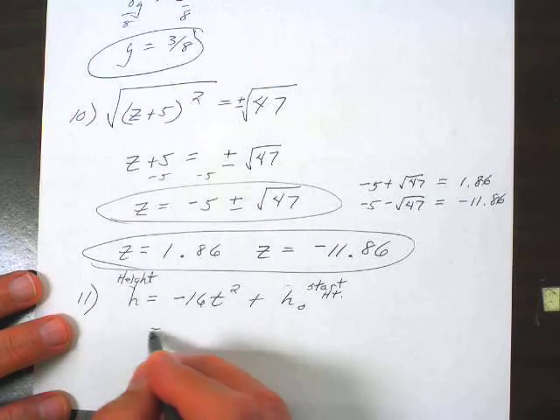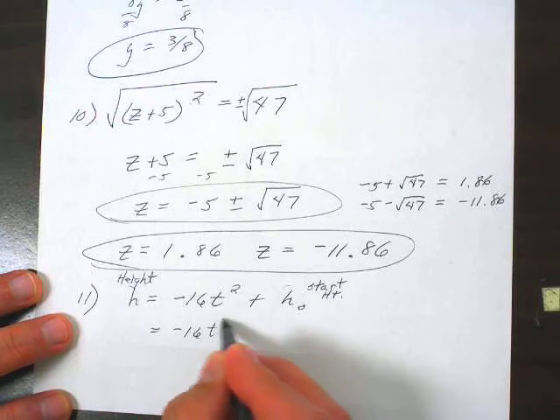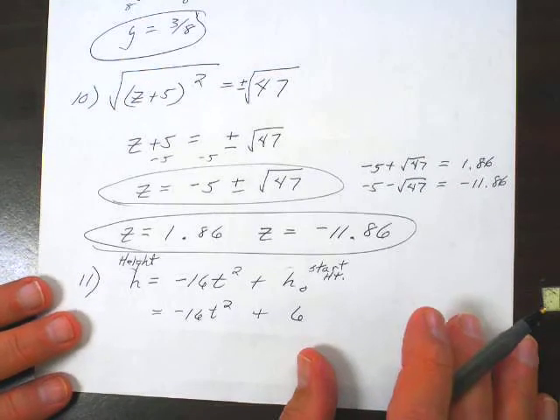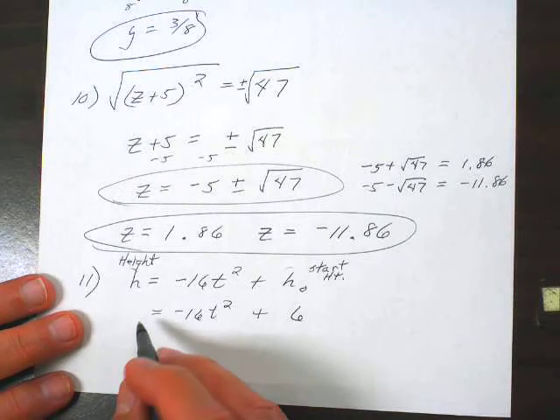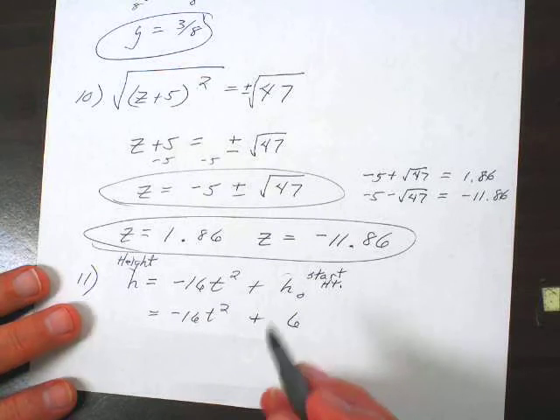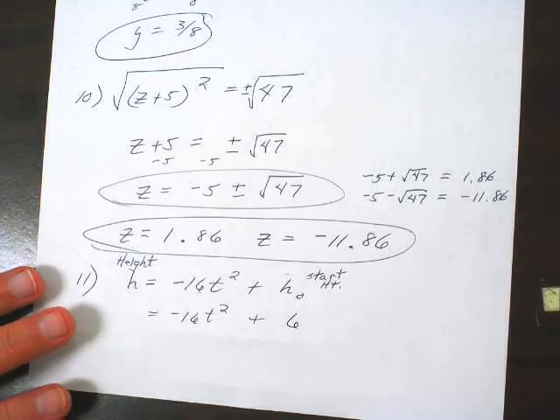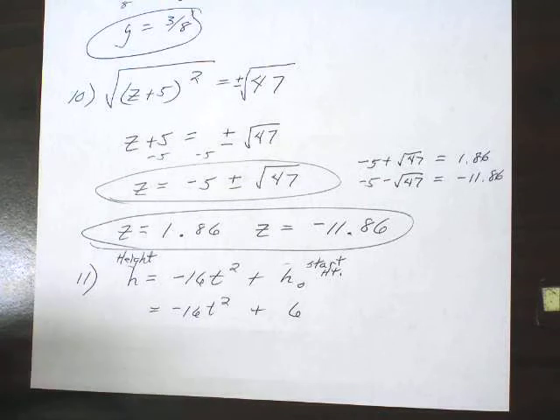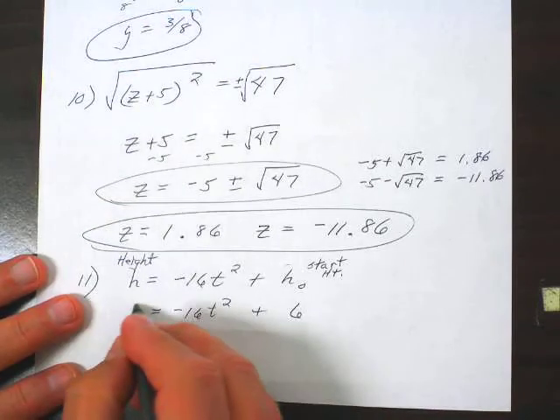Okay, so we're going to put negative 16t squared, and we're going to put 6 here. That's where it started. Then it says approximate the number of seconds it takes for the paintbrush to hit the floor. What's the height when you get to the floor? 0, right? So we're going to put that over here.